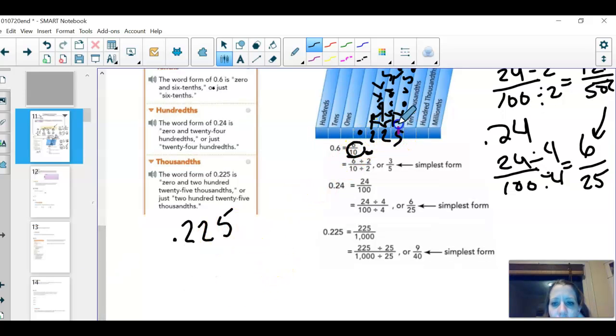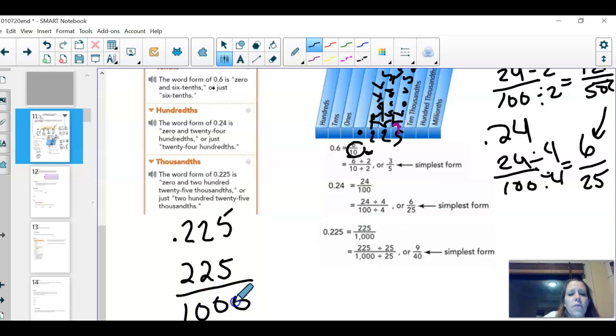So let's look here. 225, the 5 is in the thousandths place. So I have 225 thousandths, milésimas, ¿ok? But I don't want to leave it like this because I can divide it. Yo necesito dividirlo, ¿ok?